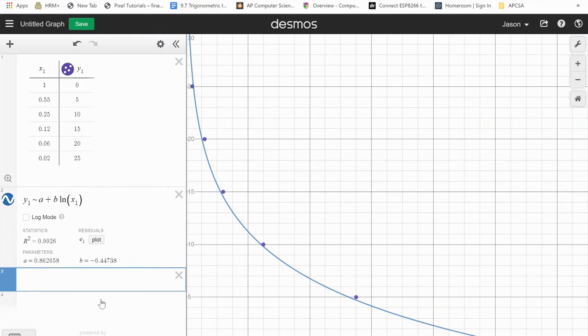But in my case, I would get h is equal to 0.862658 plus, or I guess minus, 6.44738 ln p. And this would be my model for that function.